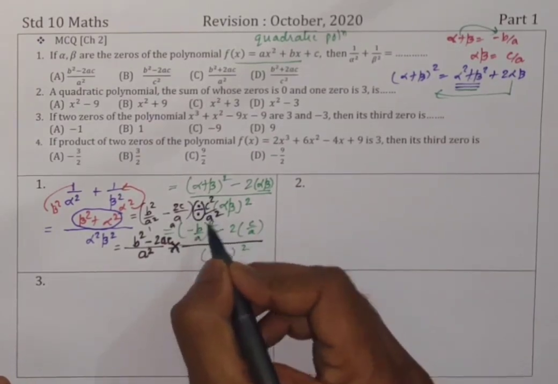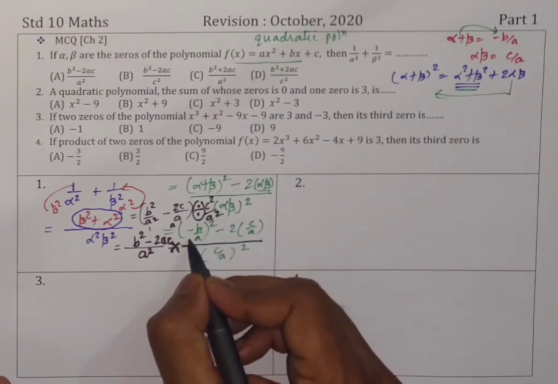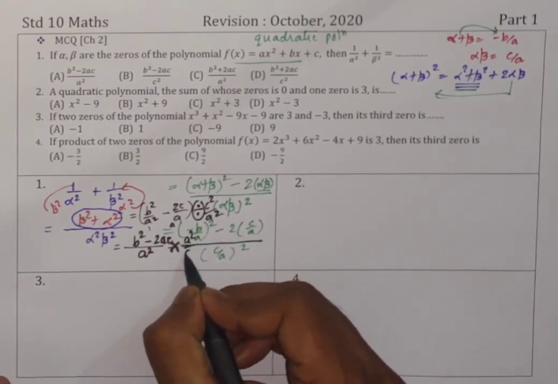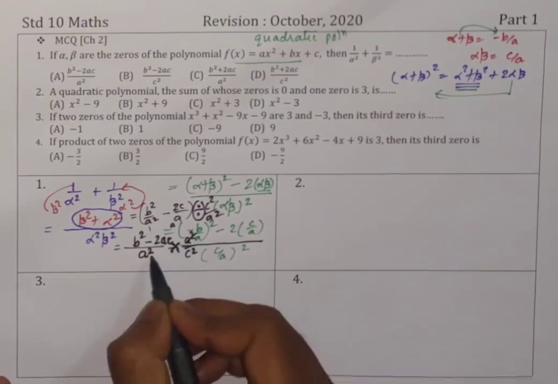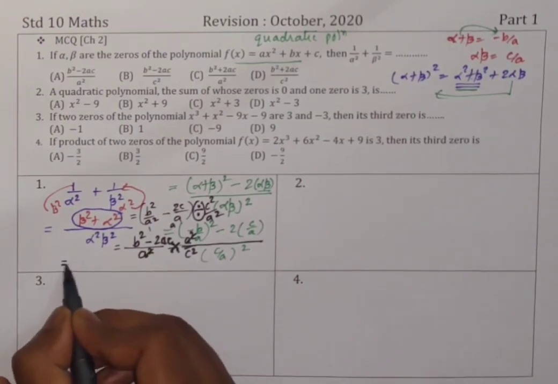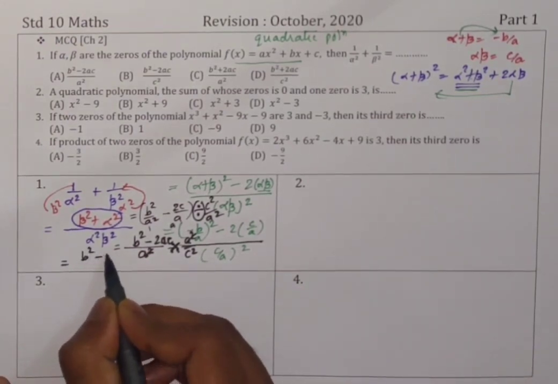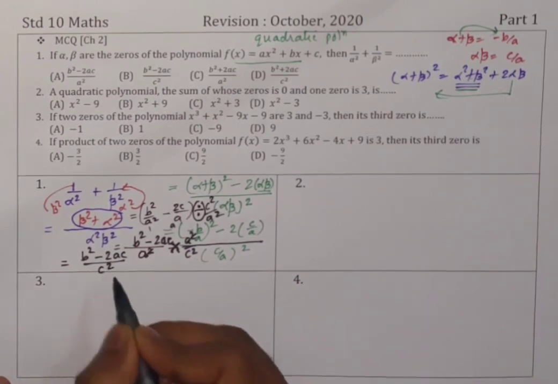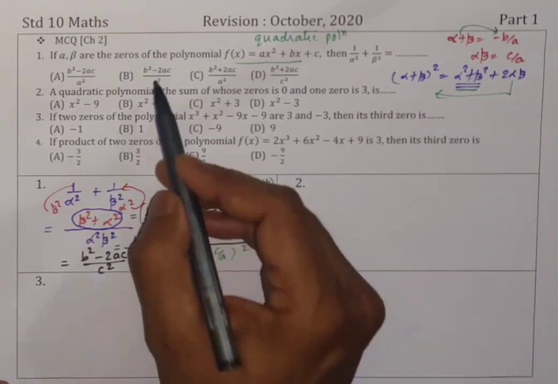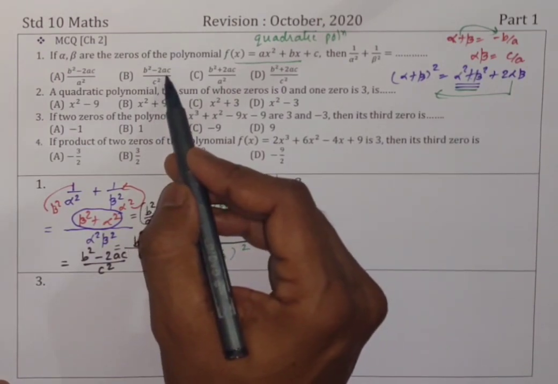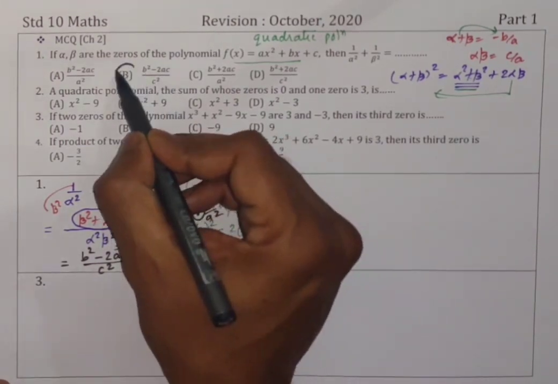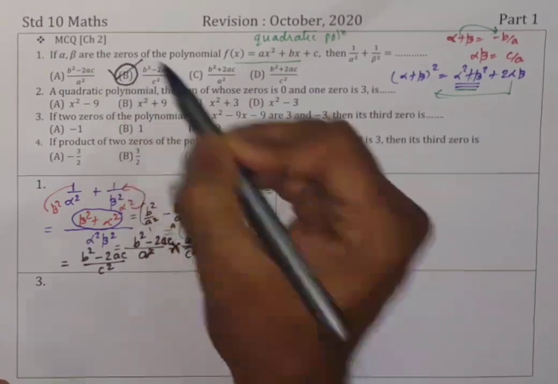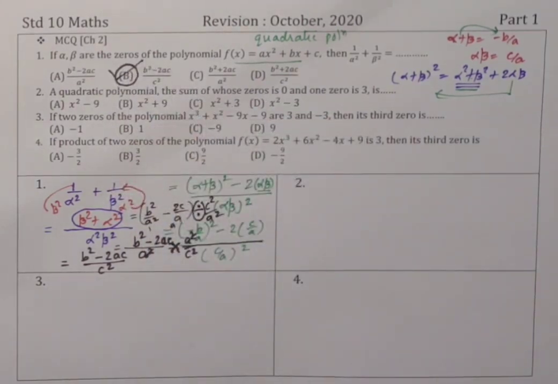The inverse of c square upon a square will be a square upon c square. So a square cancels. So finally what you got? B square minus 2ac upon c square. Look for the answer. B square minus 2ac upon c square. So the answer is B. Is that clear to you, children?